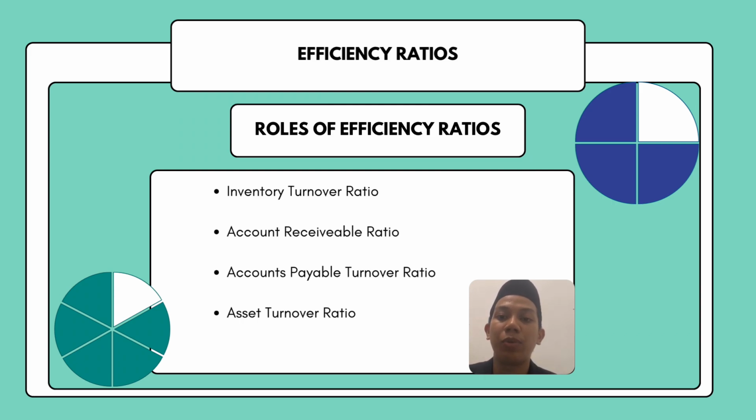Lastly, the asset turnover ratio assesses how efficiently a company uses its assets to generate sales. A higher ratio indicates that the company is utilizing its assets effectively to produce revenue. So that is the role of efficiency ratios.